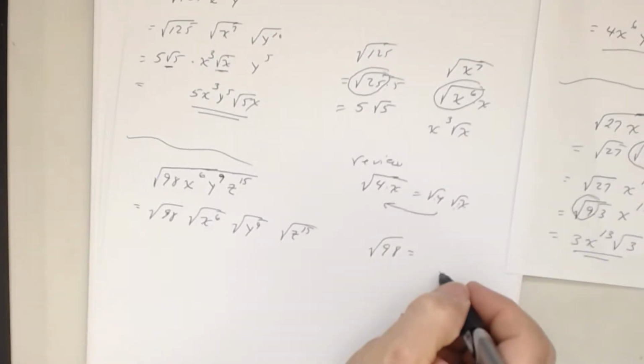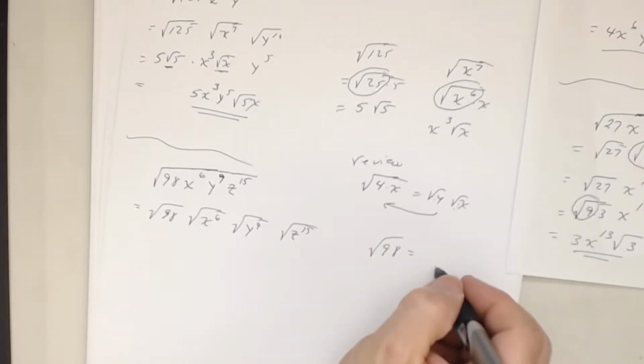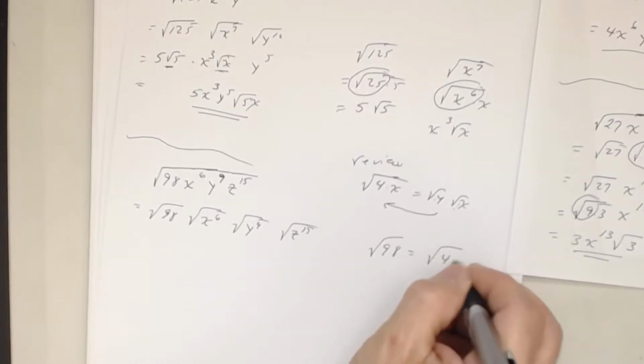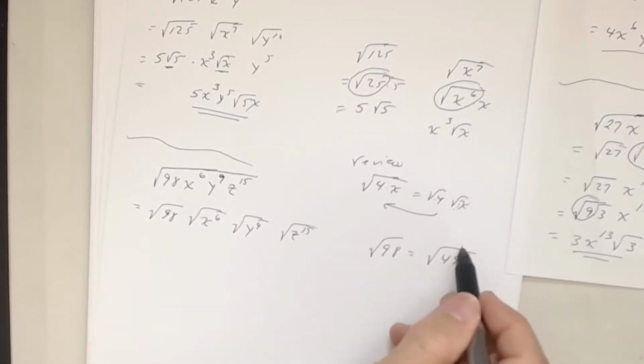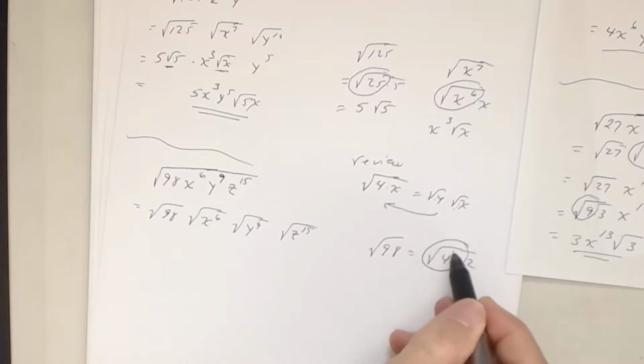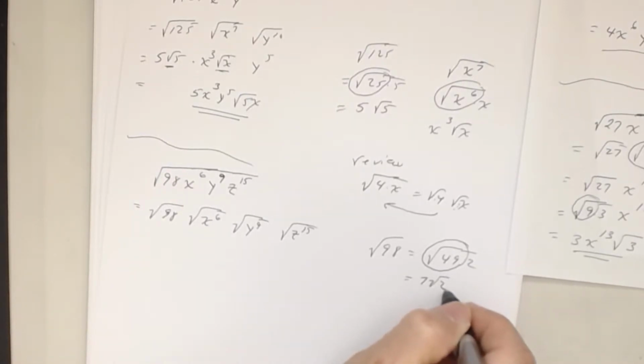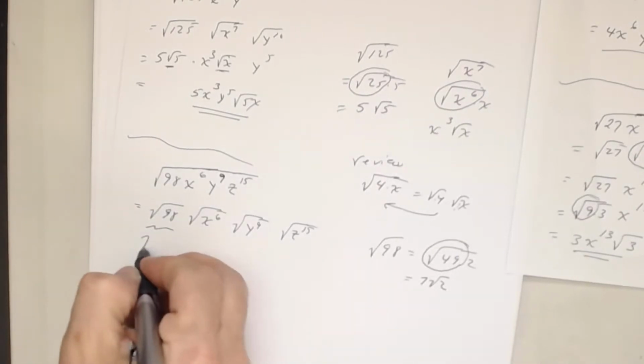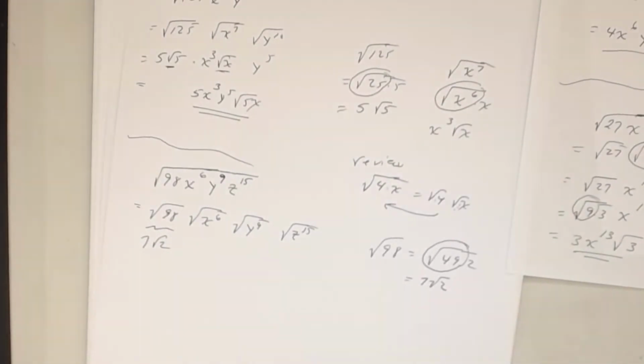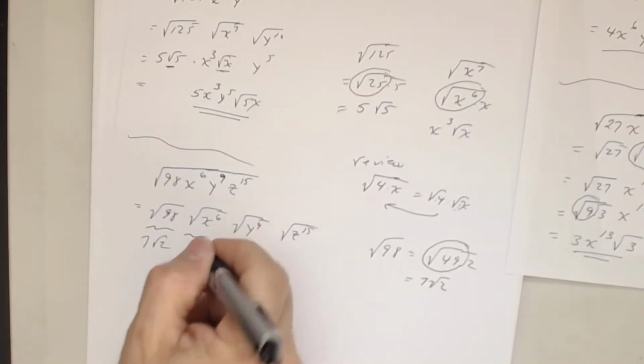What perfect square goes into 98? 49. So that's the square root of 49 times 2. And 49 is a perfect square, so that means the square root of 49 is what? So that's 7 square root of 2. So that's right here, 7 square root of 2. Okay? Now remember, 7 square root of 2 means 7 times the square root of 2. That's a product. X to the 6, that's easy. That's just what?